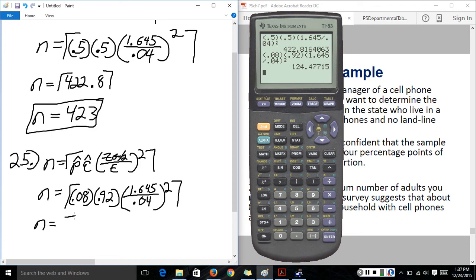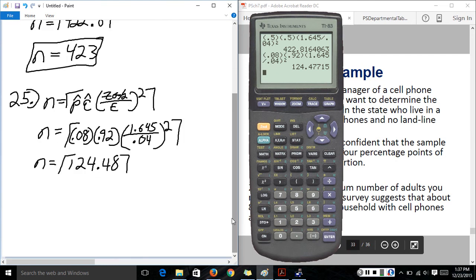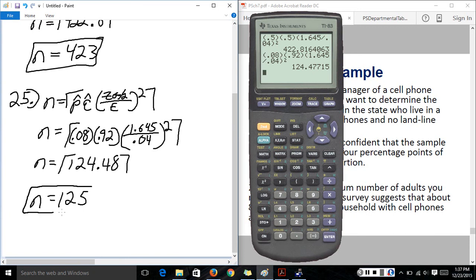So N's going to be the ceiling of 124.48, we'll say. Well, if you need at least 124.48 people, you can't have 0.48 people, but if you need at least that amount, then you're going to need to round up to 125. And that's your minimum sample size. More is great, but at least that many.